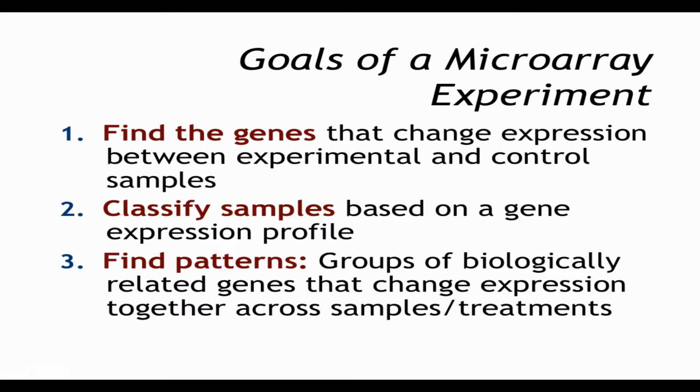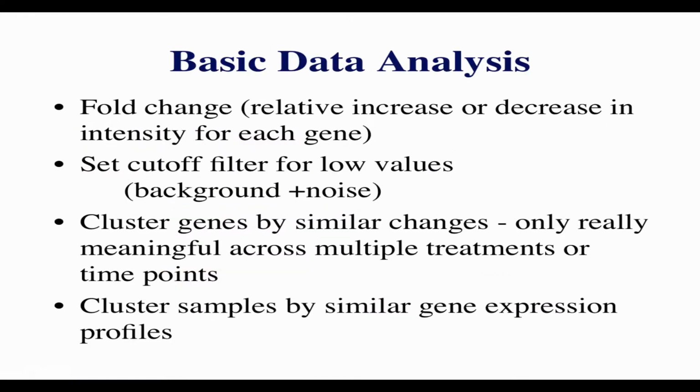So I'm going to address these things sequentially, but I'm going to spend most of my time on differential expression. So our basic data analysis involves looking for fold change, relative increases, setting a cutoff filter for noise, clustering the genes by similar changes, or clustering the samples by similar gene expression profiles. And in fact, all these things can be done simultaneously.